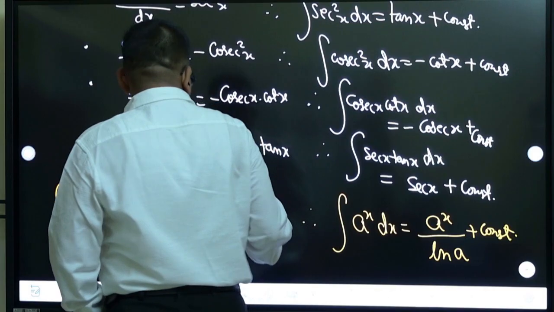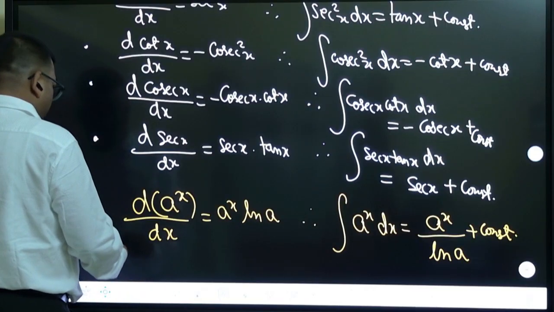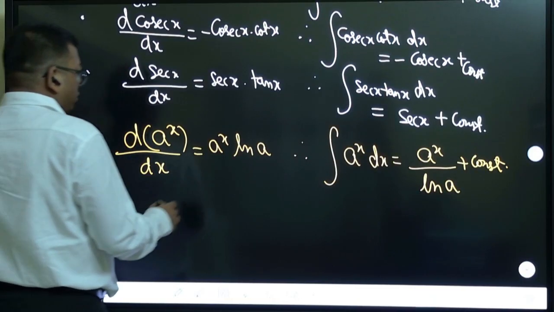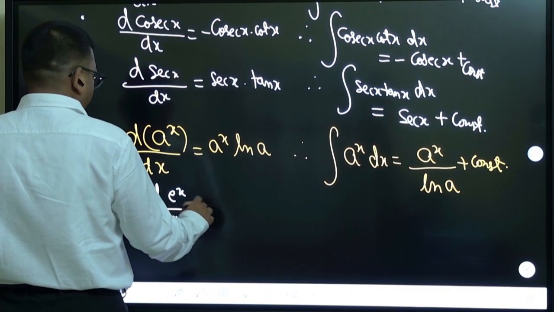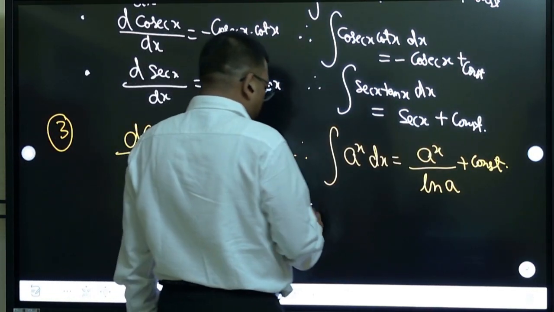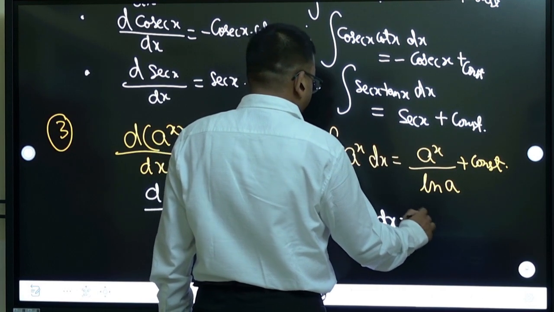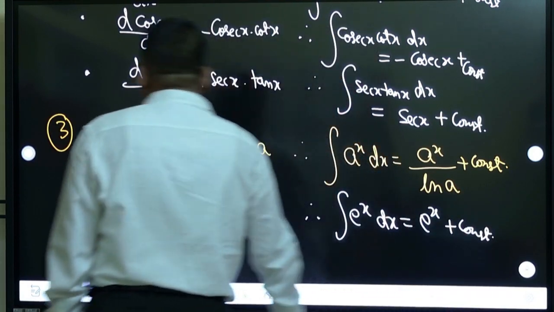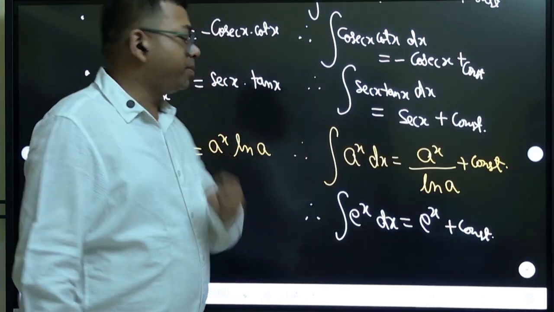Here ln a was multiplied, here ln a got divided. Also note that if it is just e power x, its differentiation with respect to x is e power x only, because ln e becomes 1. So integration of e power x with respect to x gives us e power x only, plus a constant of integration. Like this, many rules will be there which we need to remember.